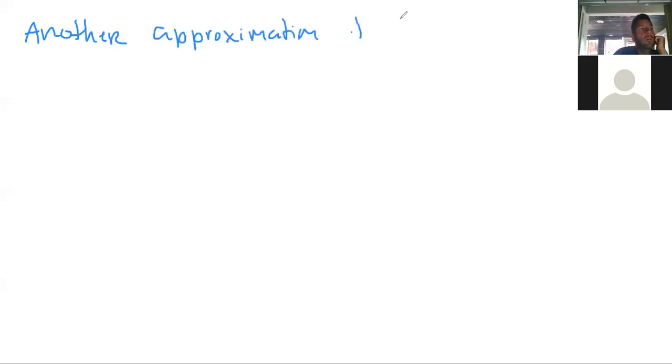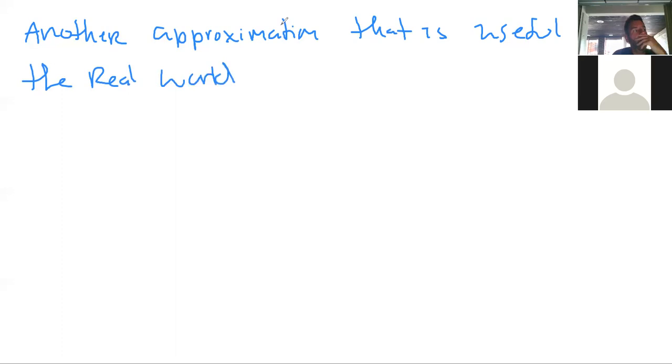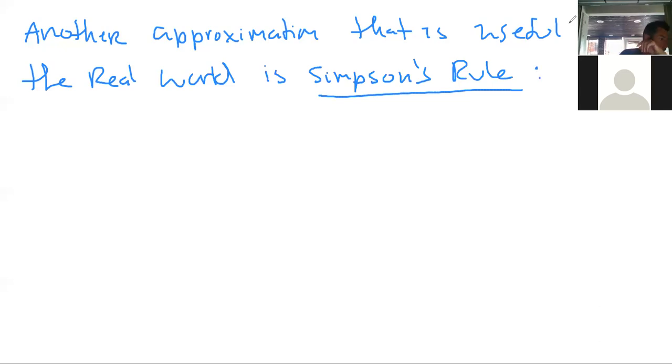So what is Simpson's rule? Well, Simpson's rule says instead of using straight lines to connect these points, why don't we use parabolas?